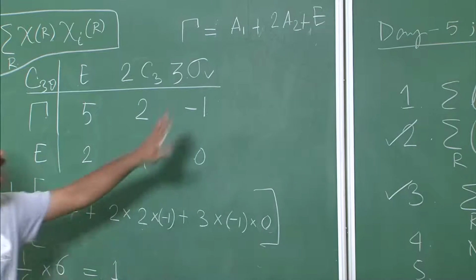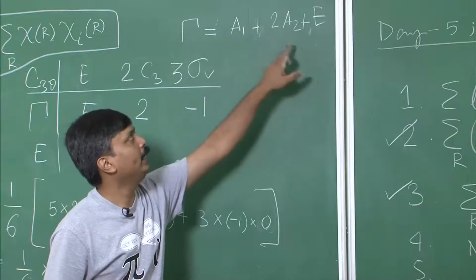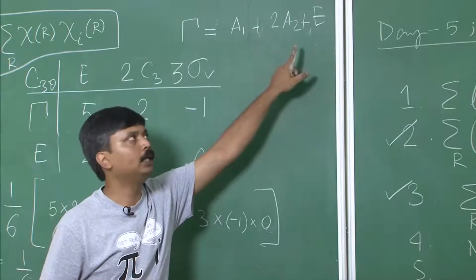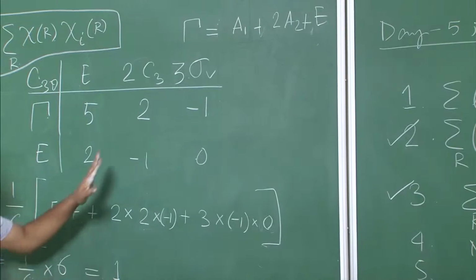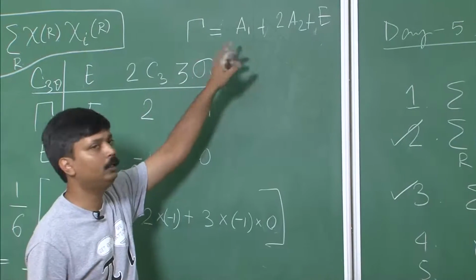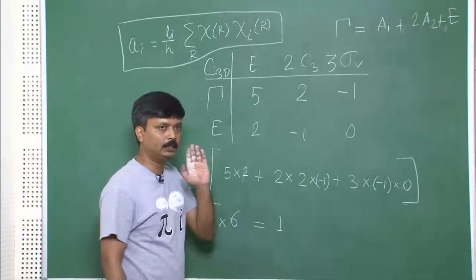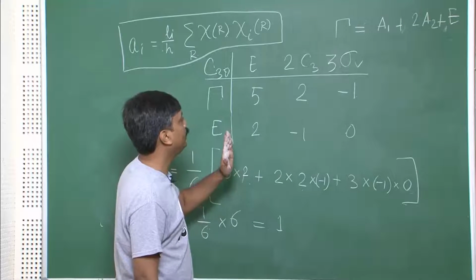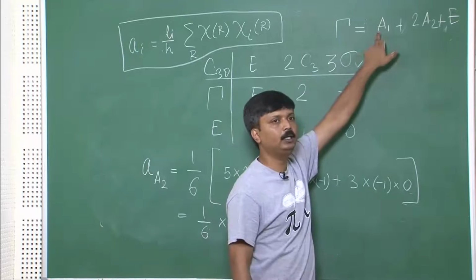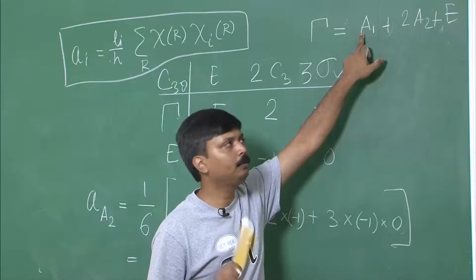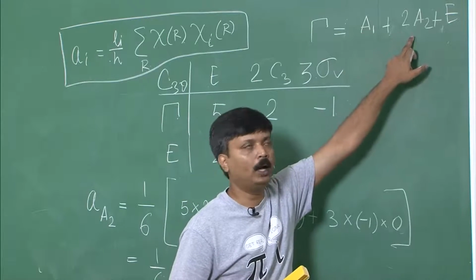Okay. So you can see here that A1 and E are appearing only once, A2 is appearing 2 times. Now you can also figure out that the characters remain the same. A simple example, if you take the character for identity, so A1 gives me character 1 for identity, A2 also 1, E is 2.